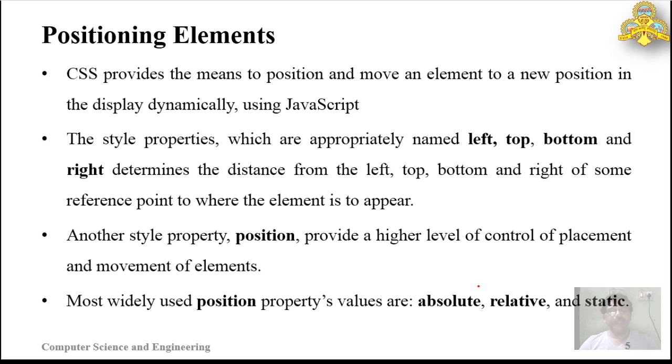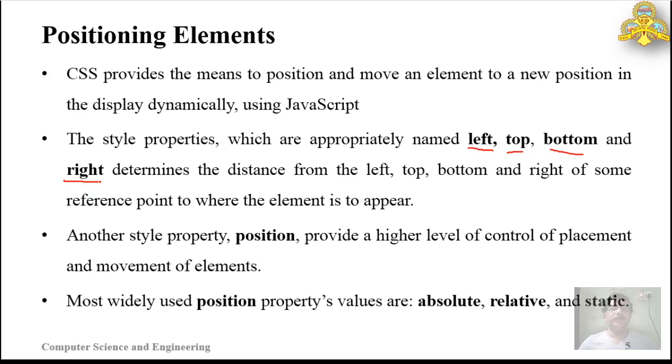To position the elements, we need to use at the initial point CSS, cascaded style sheets. For that, every element has an object, that is the style sheet object, and in that style sheet we will modify the left, top, bottom and right.